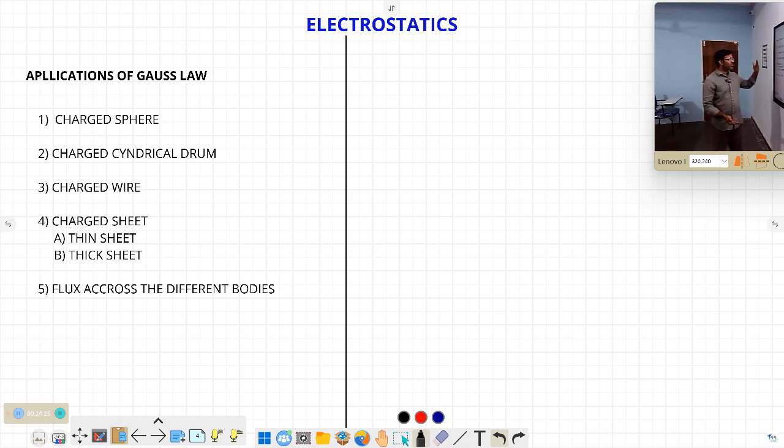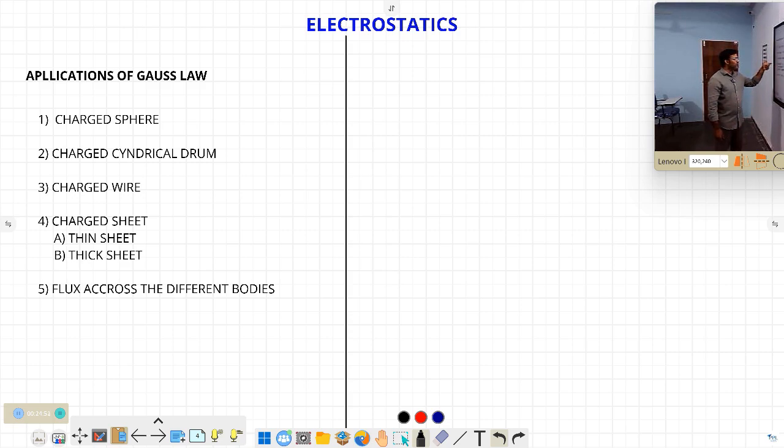In the applications of the Gauss law, we have different ways of calculation. We are going to take different objects for the calculation of electric field intensity due to charged bodies using Gauss law. First one is the charged sphere, where we calculate the electric field inside, on the surface, and outside. Second is the charged cylindrical drum, and the charged wire, and a charged sheet.